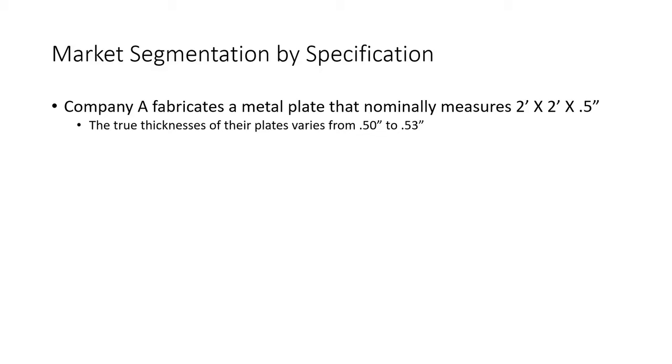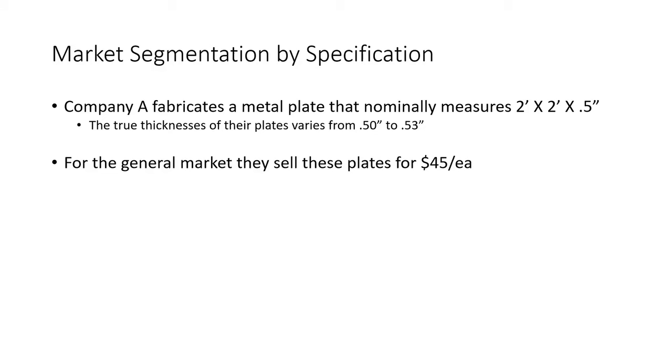Despite that being the nominal measurement that they produce and advertise, it turns out that the true thickness of their plates can vary from 0.50 inches to 0.53 inches. That's just the variation that their production process imparts to the plates that they produce.